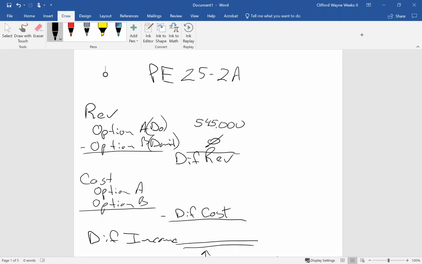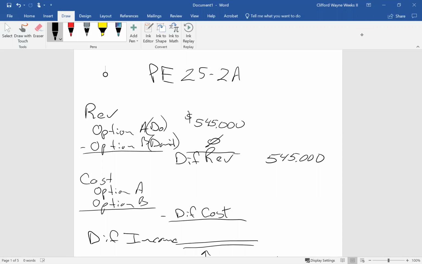So the differential revenue here is 545. There's really no question about identifying relevant here. Revenues are relevant. If we do it, we get $545,000. If we don't, we're not going to get anything.